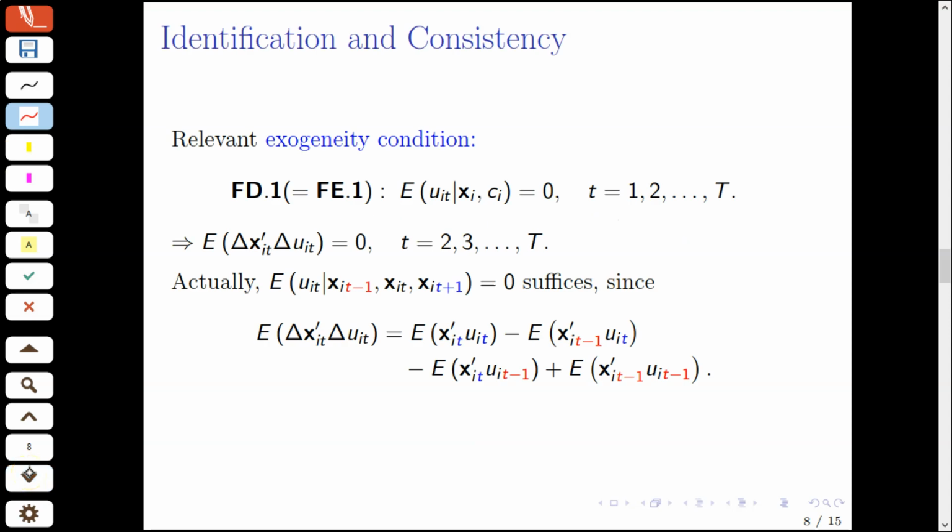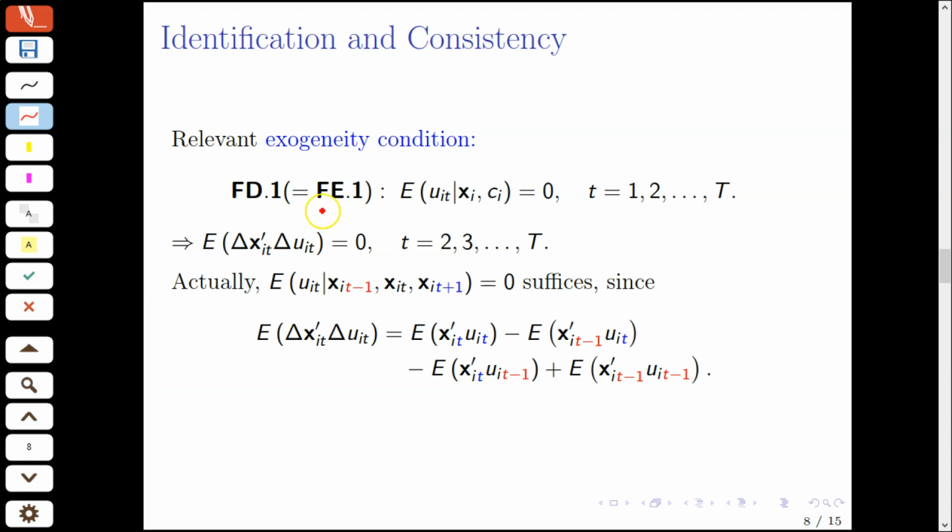Having defined the first difference estimator, we can proceed to derive various properties of this estimator. The assumptions that we'll work with will simultaneously yield identification of the model. So the first assumption that we'll invoke is the strict exogeneity assumption, conditional on the individual effect, from our earlier video on the fixed effect estimator.